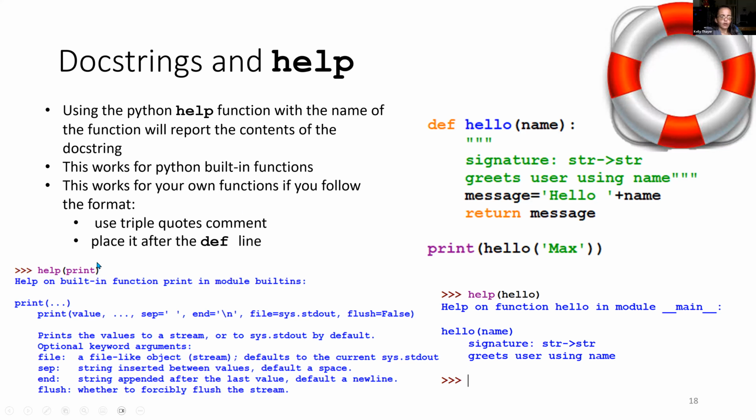Use the triple quotes for the comment and place it after the def line. It should also, of course, be indented. So here we could do help of print. Here we're doing help of hello.